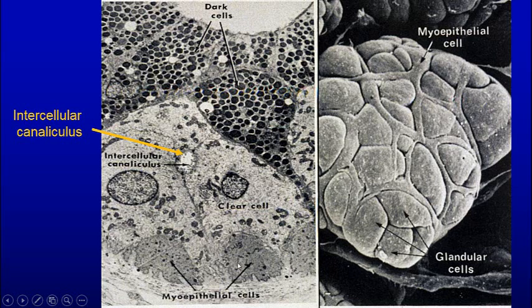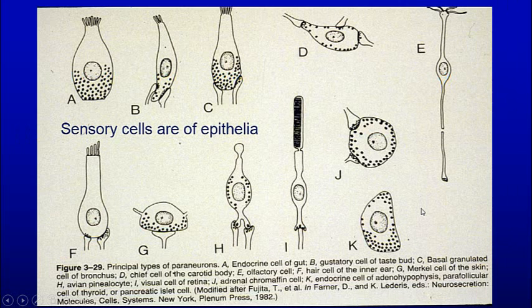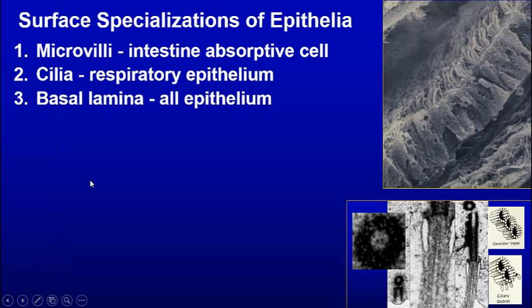And then also we have some myoepithelial cells. Here it is. So these are epithelium, and these myoepithelium are epithelial cells as well. And so here we can see a host of sensory cells. There's a rod here in the eye, olfactory, this one in the ear, different ones that you can see.